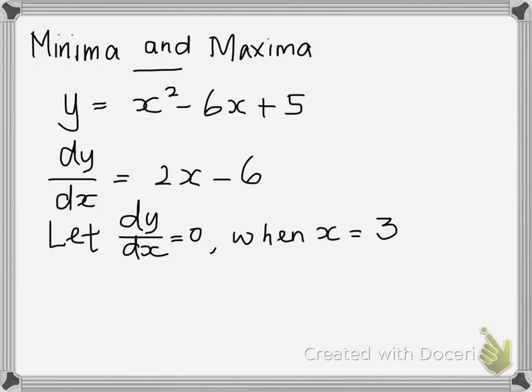Then how do you know whether it is a minimum or a maximum? Now we need to do the second derivative, which means you differentiate dy dx again. This is how you write it. There are many ways to say this, and I would prefer to say d2y instead of a square, just to differentiate, as it is a symbol.